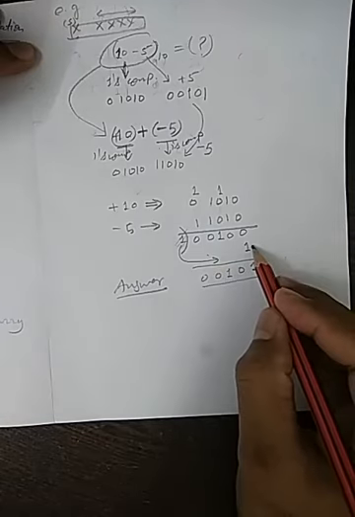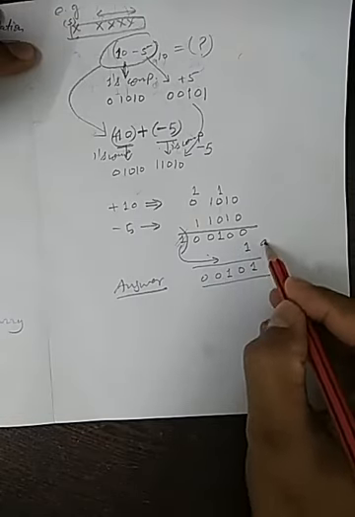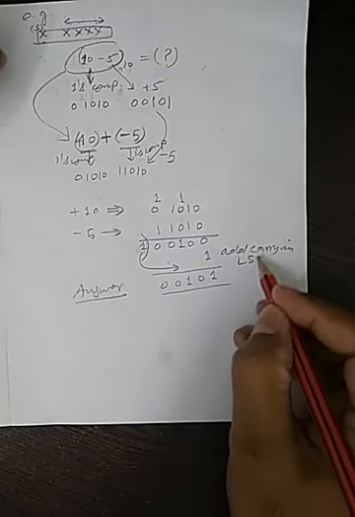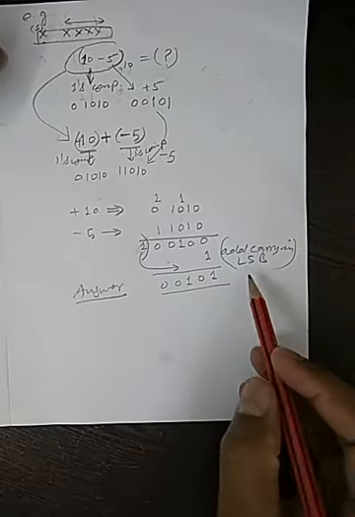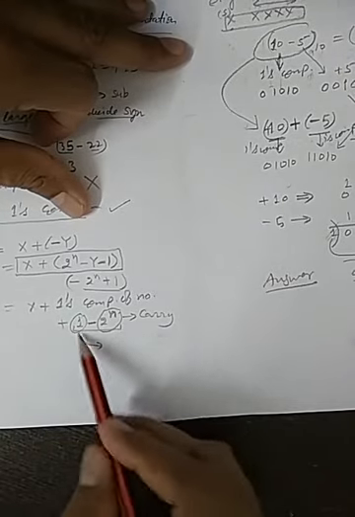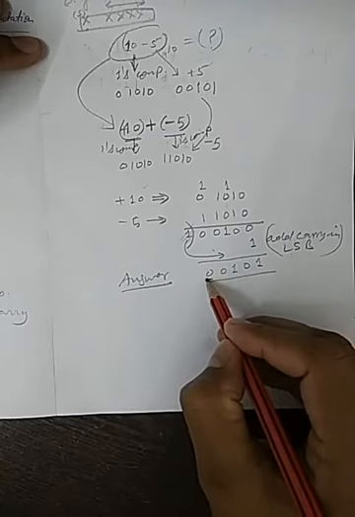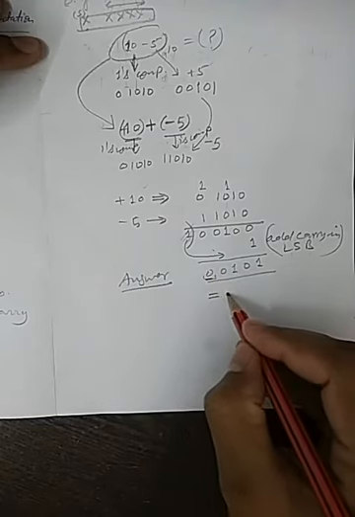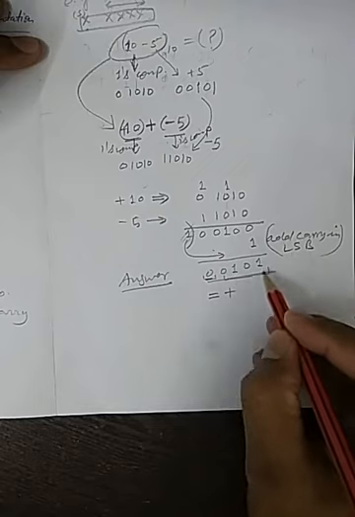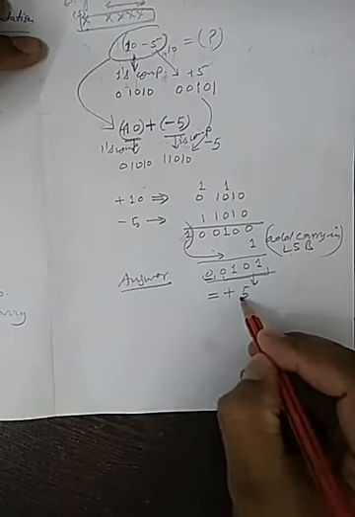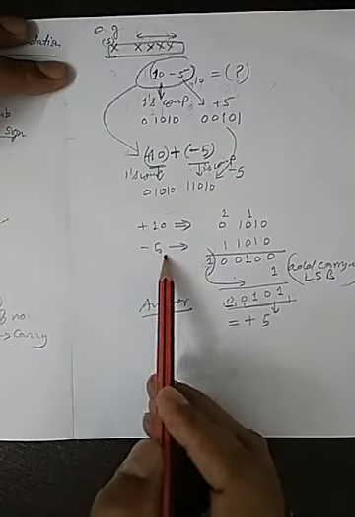If there is carry, we will add 1 in the LSB. As a layman's process, I will say add carry in the LSB. Otherwise, mathematically, it is actually happening like this. Now let us understand the answer. The sign bit of this number is 0, meaning it is a positive number, so it is simply the magnitude of the number. It is plus 5. So 10 plus minus 5 is coming out to be plus 5.